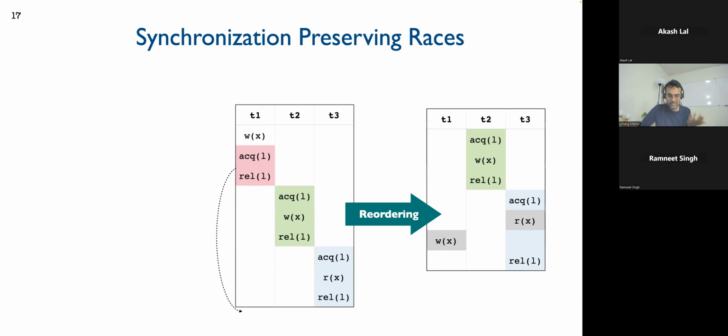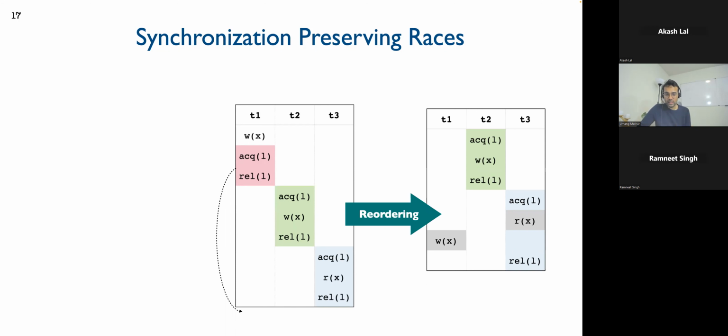but it is nevertheless a correct reordering because, again, whatever events you have, thread ordering is preserved. Also, critical sections do not overlap. And here the read of X is also observing the same write.